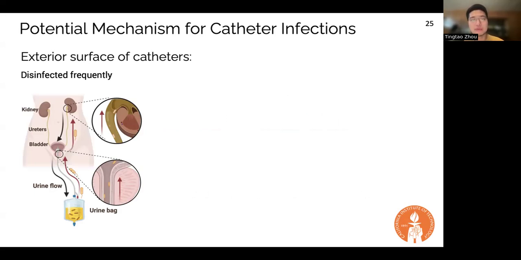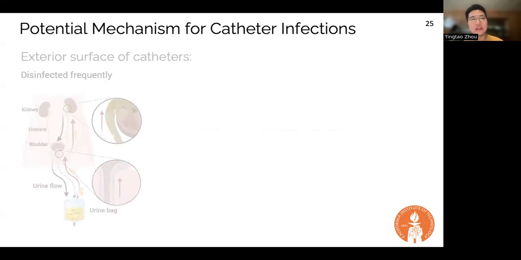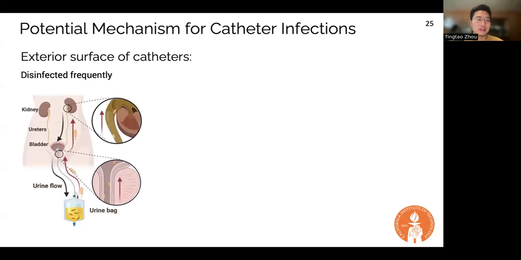The first idea coming to mind is maybe the bacteria from the air falls onto the exterior surface of these catheters, and then they just walk along the way into the body of the patient.